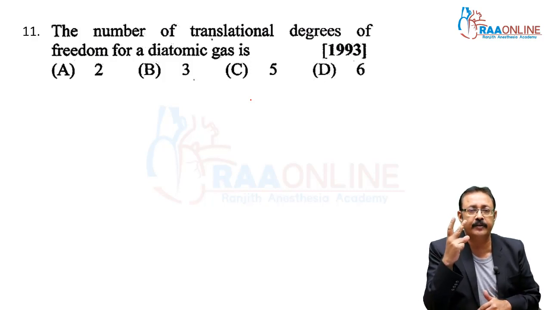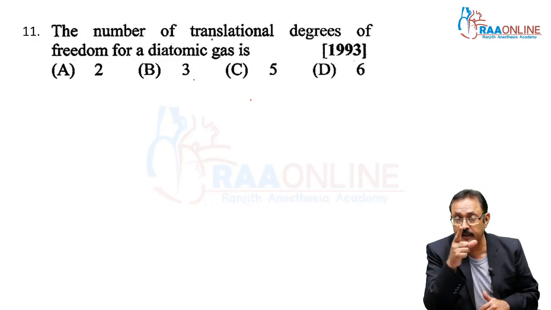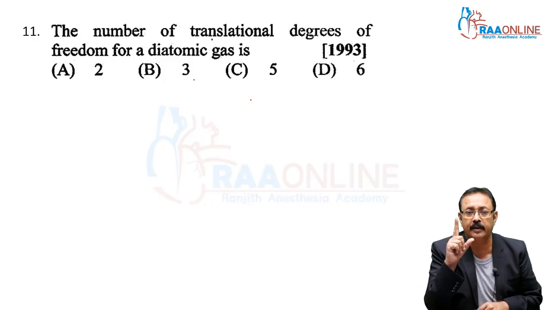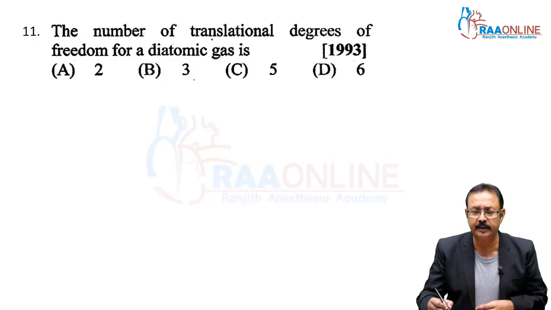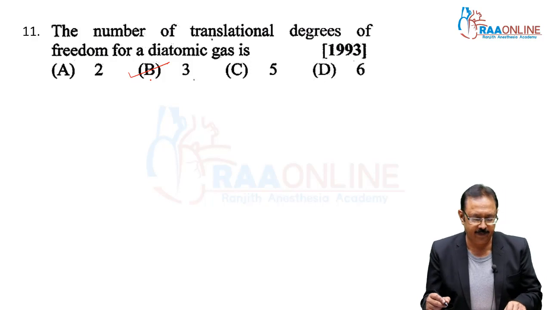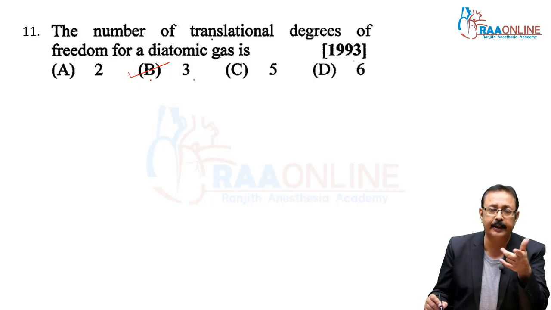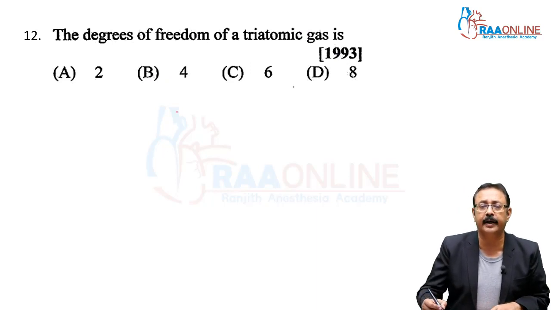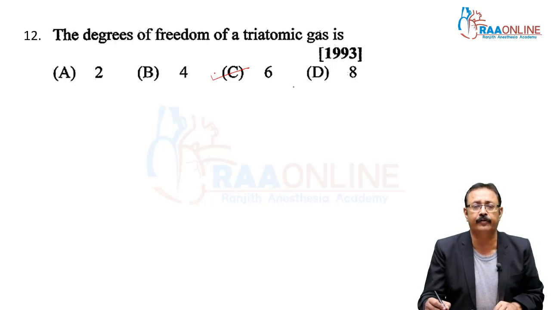For a diatomic gas, 2 are related with circular motion, clockwise or anti-clockwise, spinning. 12th, the degree of freedom of a triatomic gas: 3 translatory, 2 clockwise and anti-clockwise, and 1 is vibratory. So a total of 6 degrees of freedom are there.